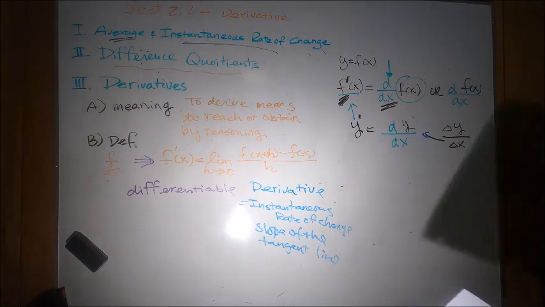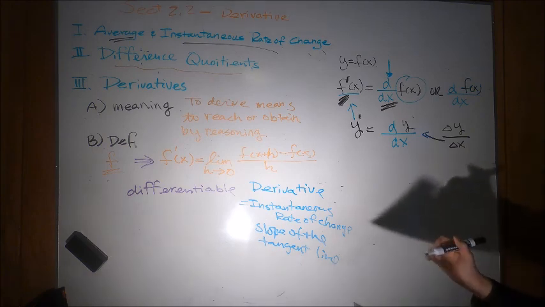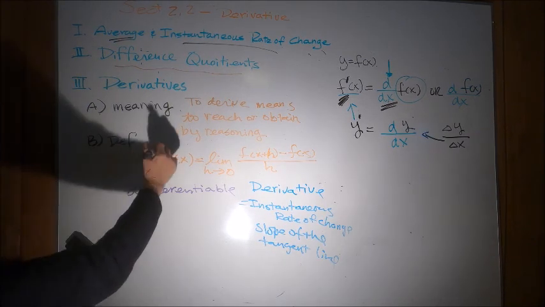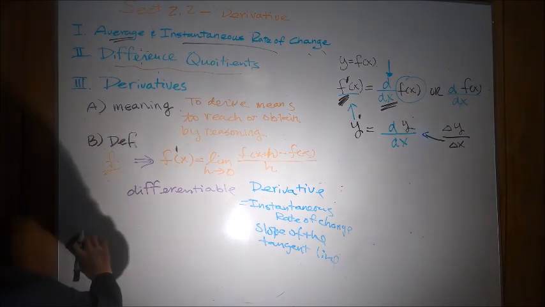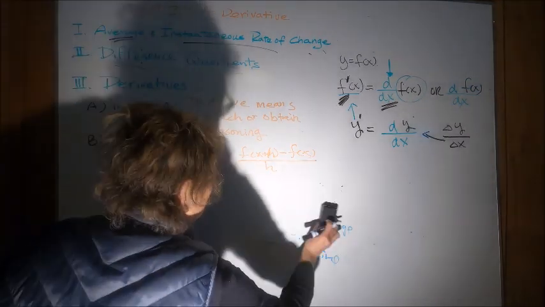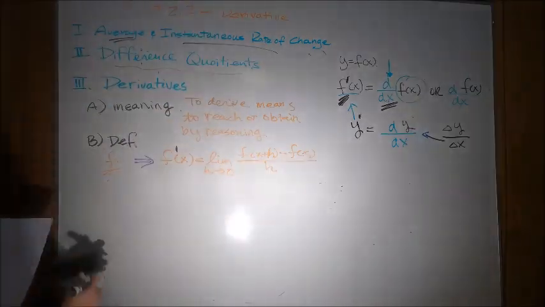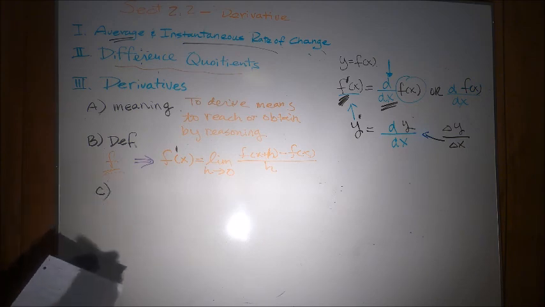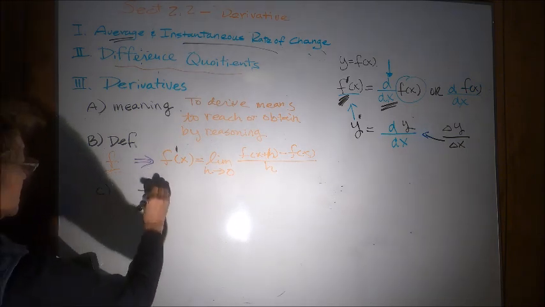Okay, then let's take a look at this one. That's the symbol we use. For the derivative, we use the prime symbol. Let's take a look at some examples. We say find the derivative for this function.